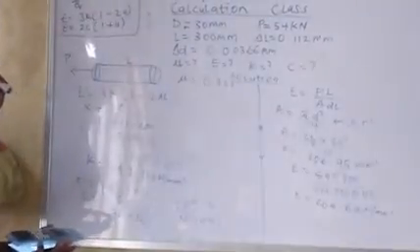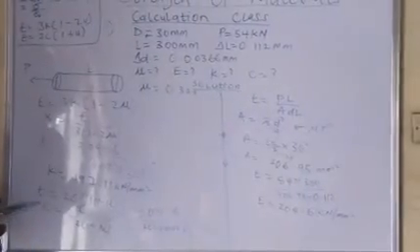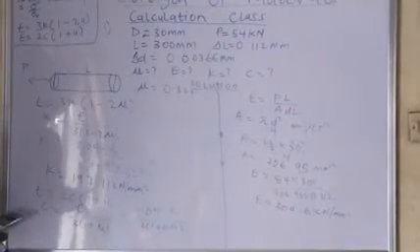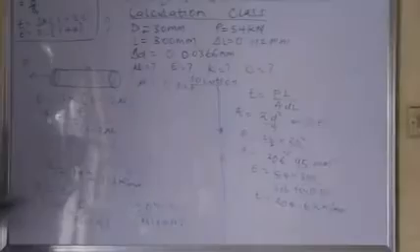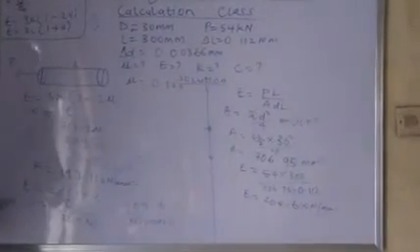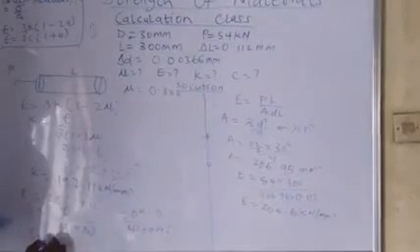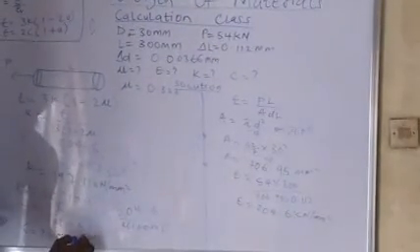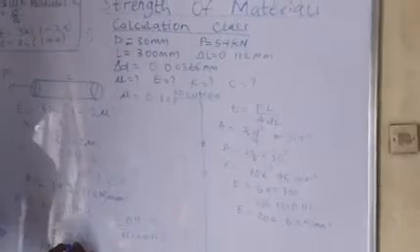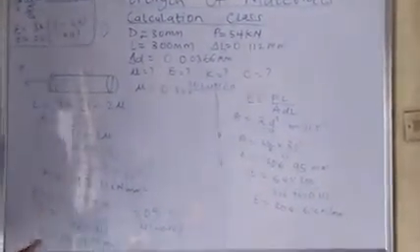So I'll do the math now. See the answer, 77.091. I think it's still also kilonewton per millimeter square.